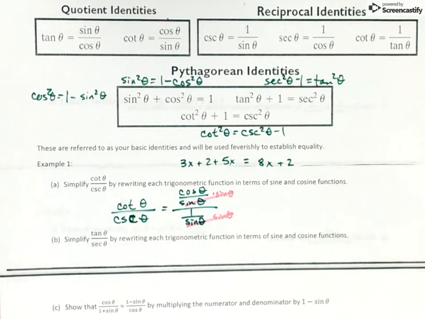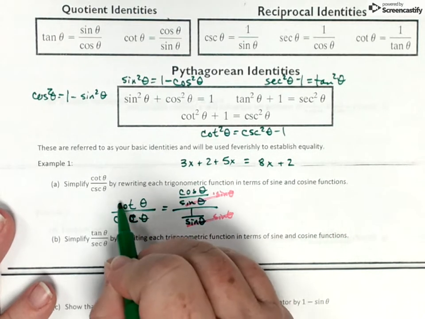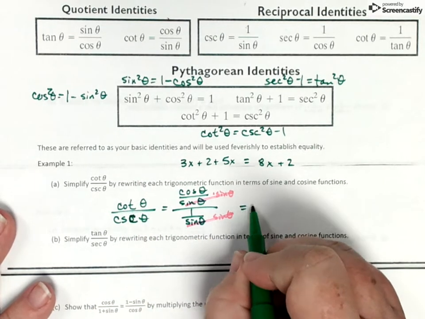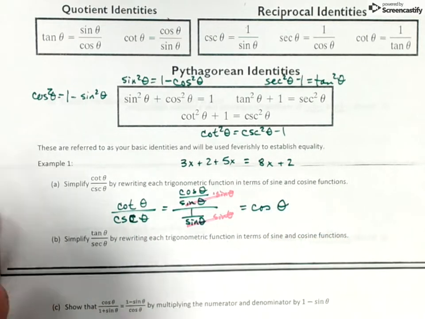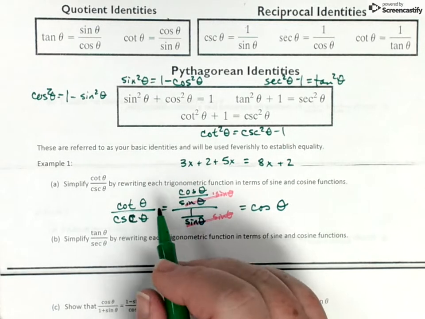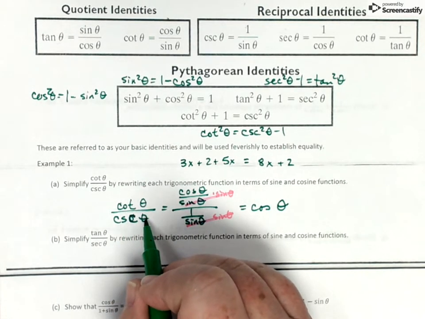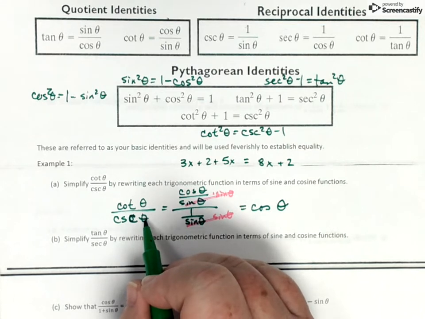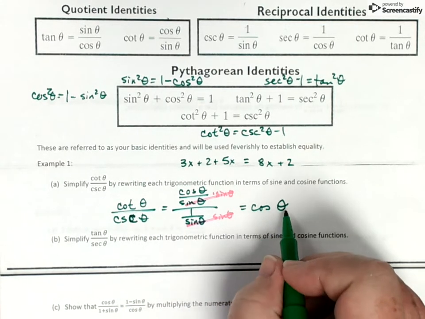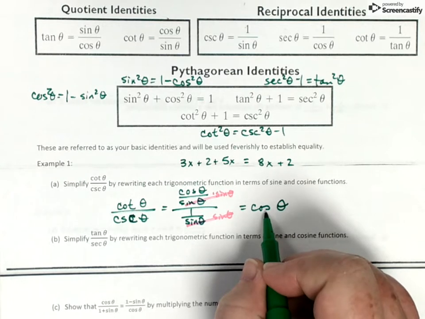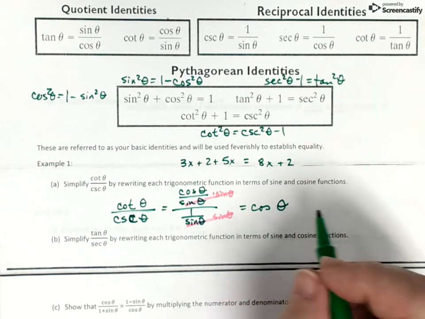And what does that leave me with? This whole thing right here will give me the same exact value as cosine of theta. So the cotangent of theta divided by the cosecant of theta, which would be some numbers I might have to figure out and calculate, I can simply plug that theta into cosine and find an answer.